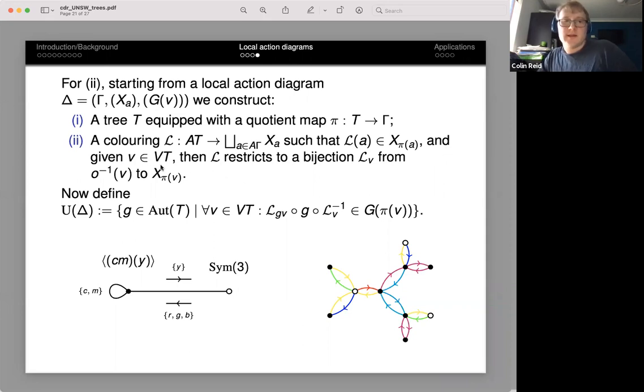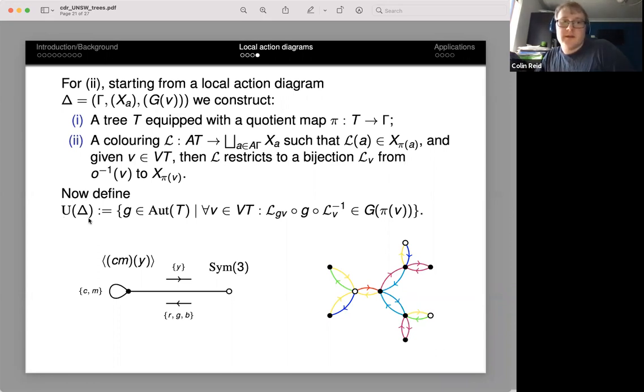If you have a vertex of T, then the colours of the arcs coming out of that vertex will correspond to the colour set of the vertex in the local action diagram. And it's important here that we colour arcs. So the colour of an arc going one way doesn't tell you anything about the colour of the reverse of it.